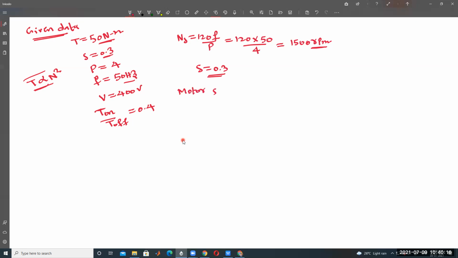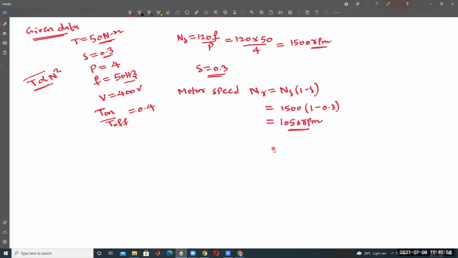NR is equal to NS into 1 minus S. Substituting, NS is 1500, 1 minus 0.3. 1500 into 1 minus 0.3 gives 1050 RPM.